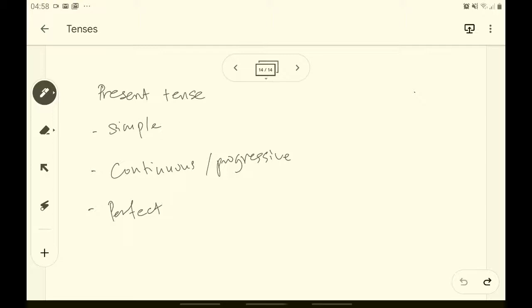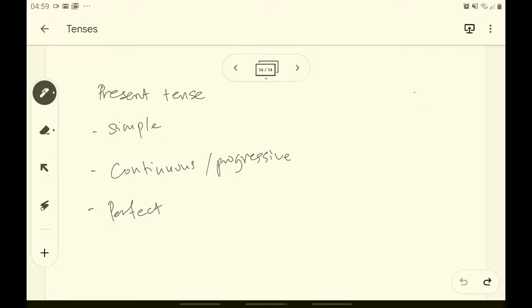Similar to past tense, there are also three categories of present tense. So we have simple present tense, present continuous tense, or present progressive tense, and also present perfect tense.